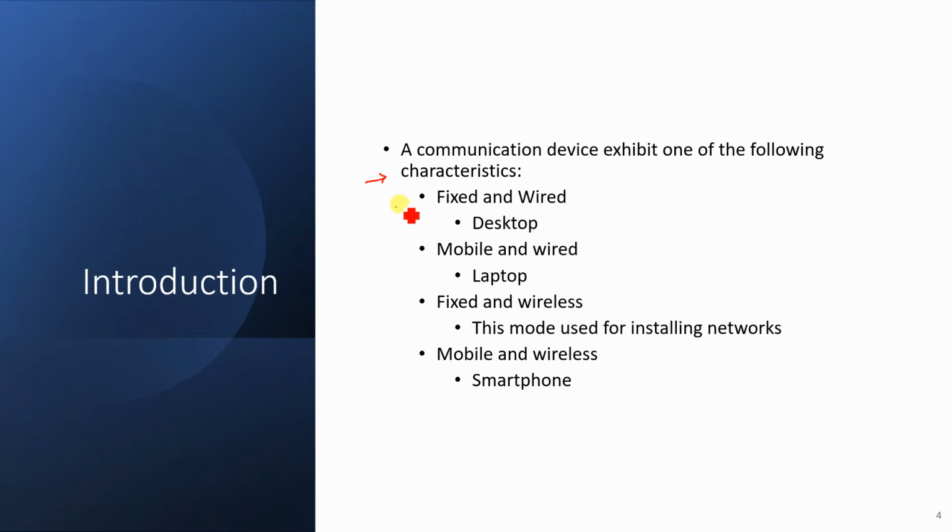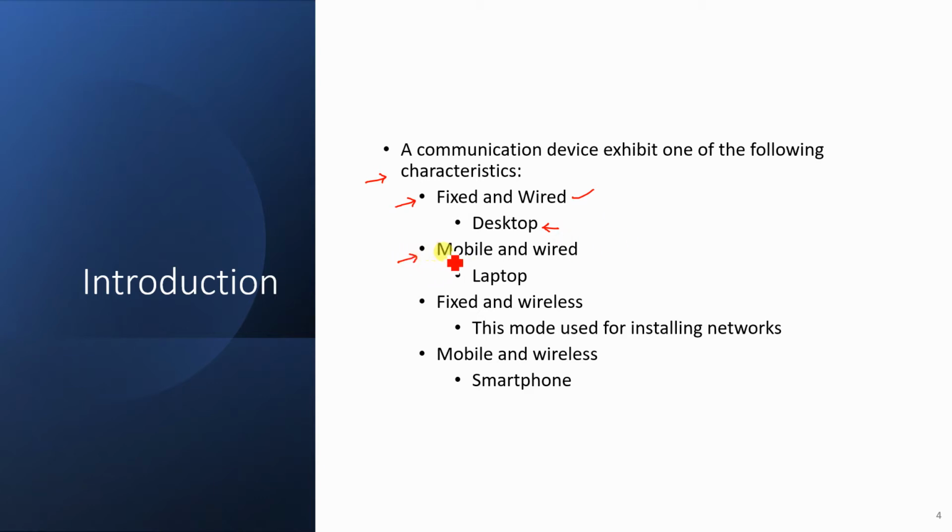The first characteristic is that a device can be fixed and wired. When you consider a desktop computer, in general desktop computers are fixed devices, and they are connected through a wire for communication purposes.